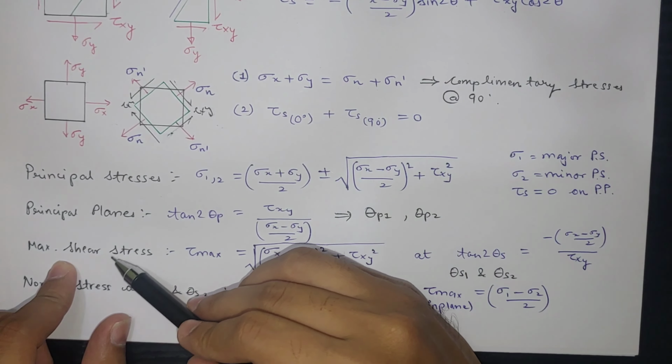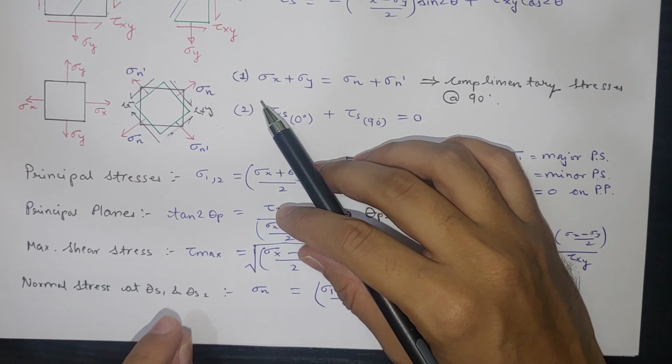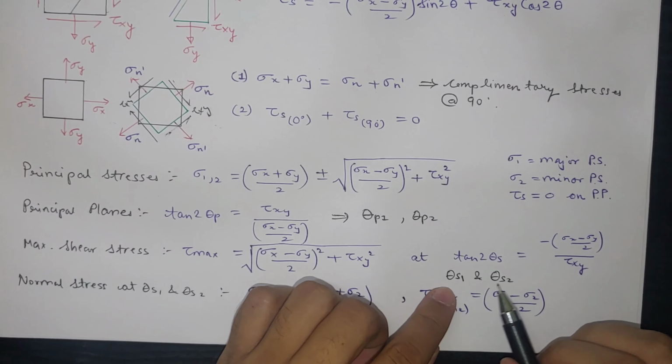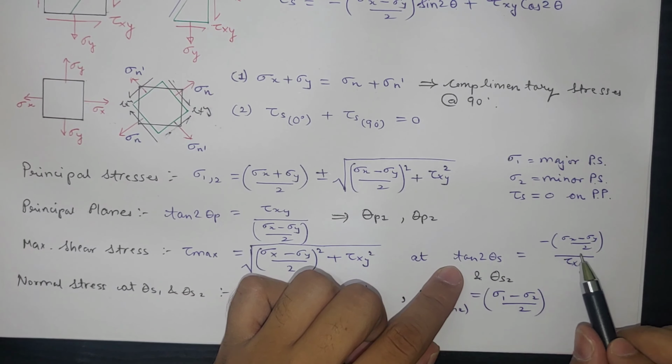To find the maximum shear stress, on one particular plane there will be maximum shear stress, and it acts at theta s1 and theta s2. To calculate these two values, we use this equation.